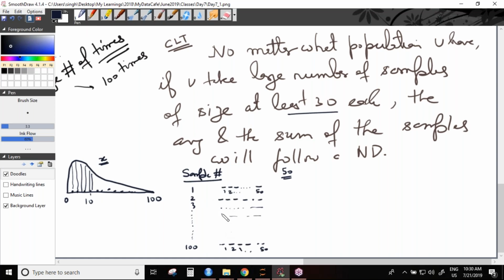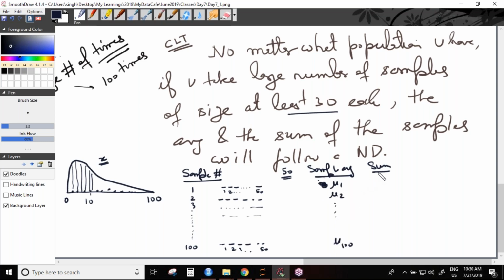So 100 times we generate these 50 random numbers, and then we take the sample average, and we take the sample sum also. So these 50 numbers that we have got, we take their average. Let me call it mu1, this is mu2, and so on till mu100.